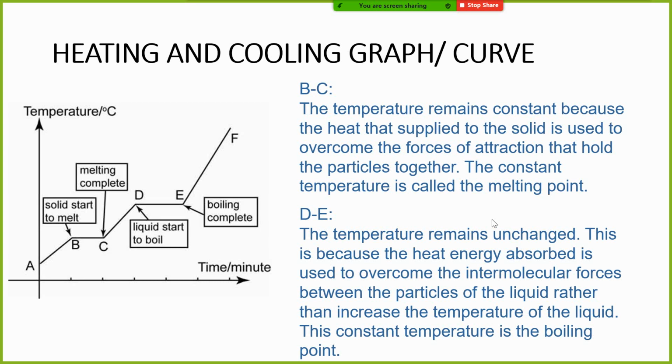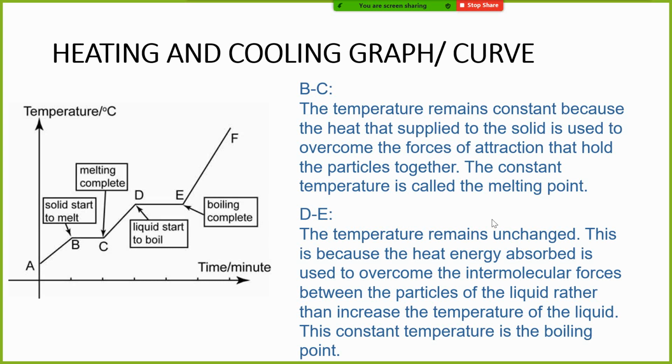So you have to remember that the heat that is now supplied during B and C is really used to stretch the particles further apart, which is to weaken the force of attraction, right? So much so that the particles can now reach that state of liquid, right?